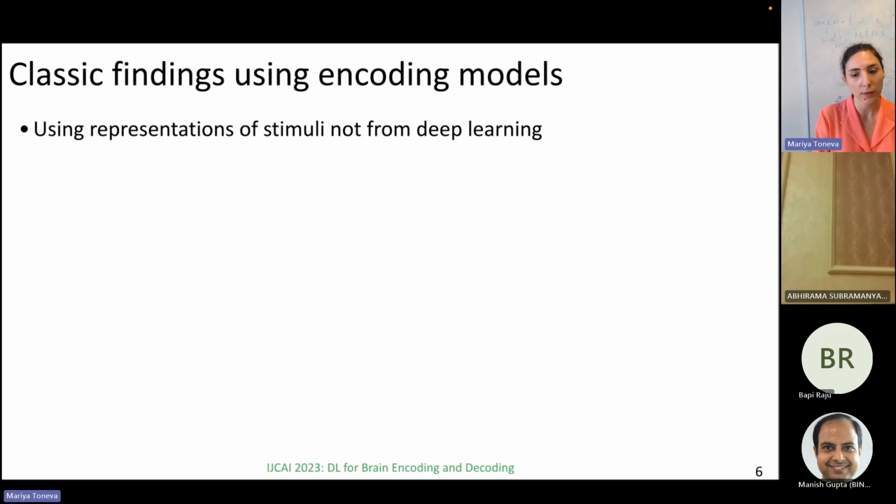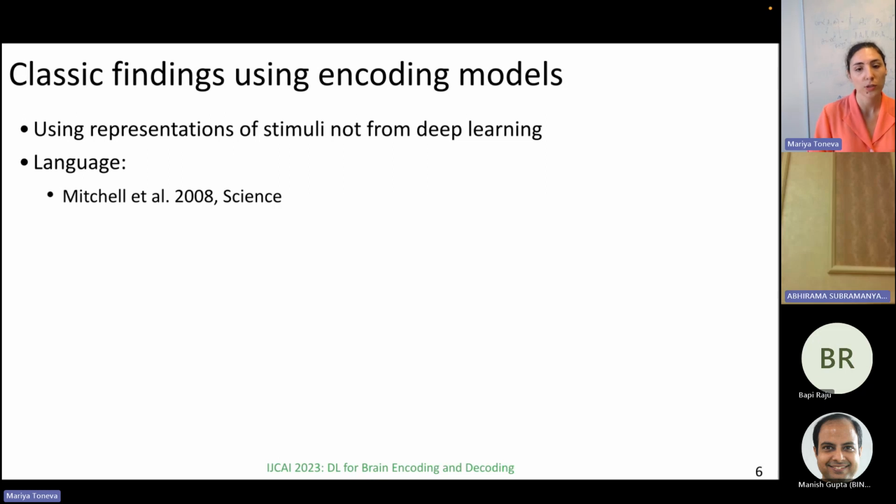We'll split this into 3 parts. The first part is about classic findings in the language domain, from a seminal work from Tom Mitchell and colleagues, which was published in Science 15 years ago at this point. Then in vision, there was quite similar work in terms of methods, also very seminal, published by Kendrick Kay and colleagues in the other very prominent journal, Nature.